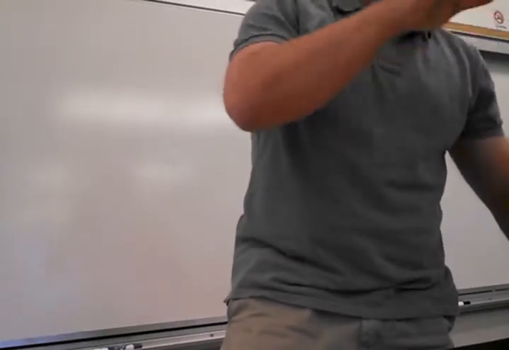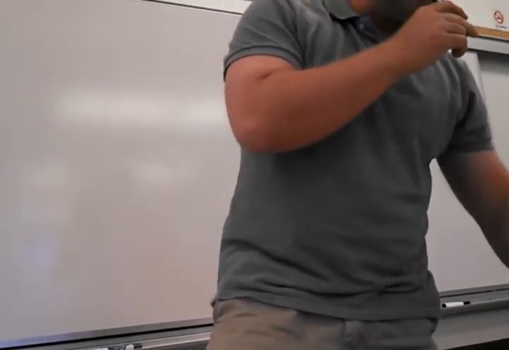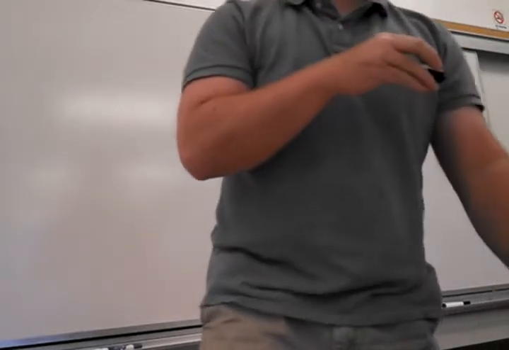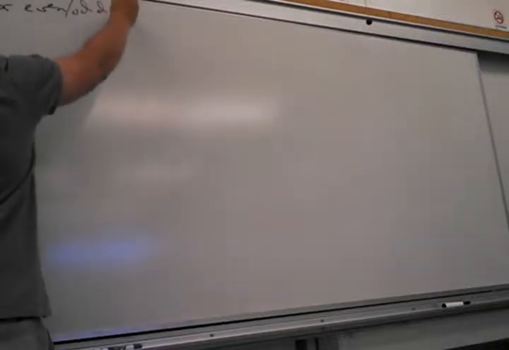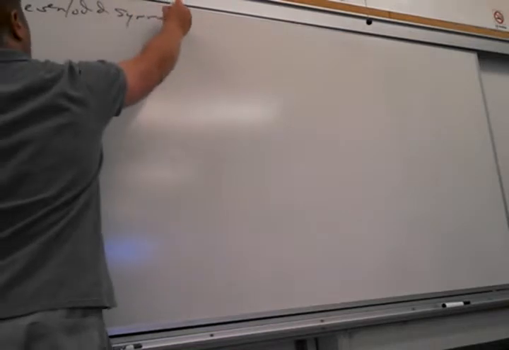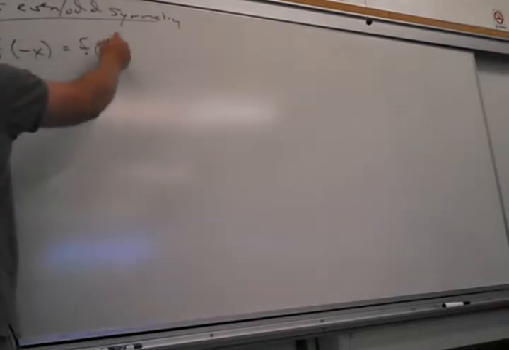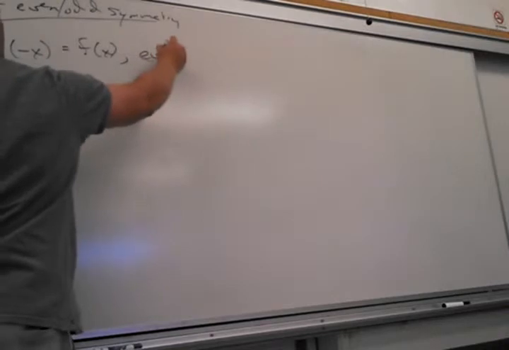There's a lot of little areas in this book that I disagree with when they bring in certain ideas, and this is one of them. They bring in the idea of even and odd. Now, remember how to test for even and odd symmetry. If you take f of negative x, and that's equal to f of x, it's even.